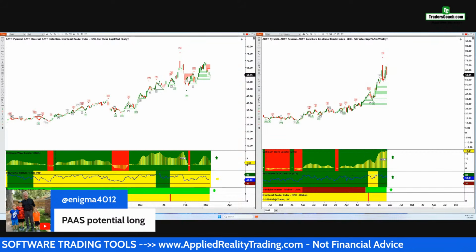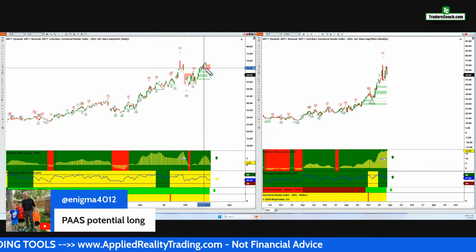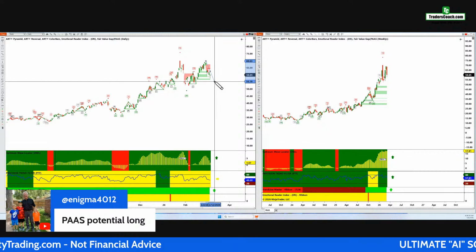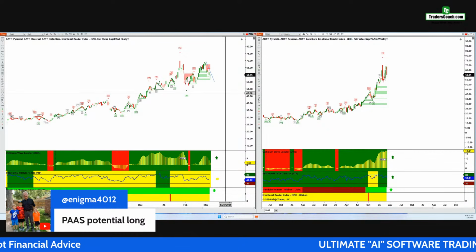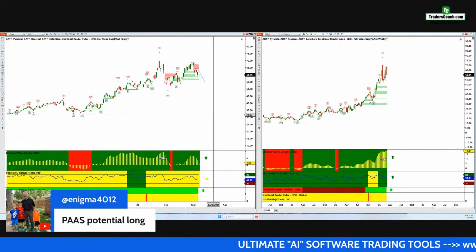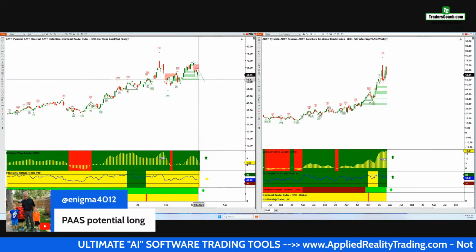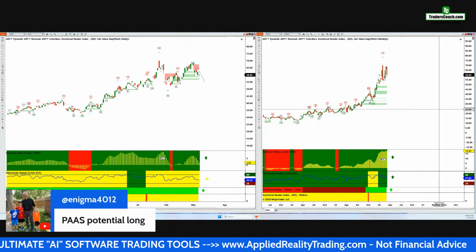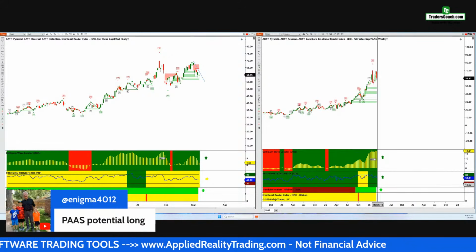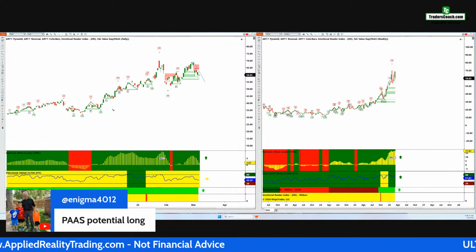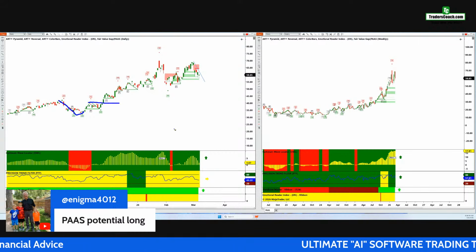What I think I would rather do on this is draw a trend line for a bull flag and wait for a breakout above that for a possible continuation. Now, our software would have had you in on this leg after it retraced back in here.